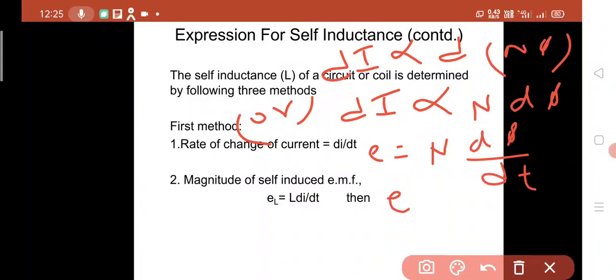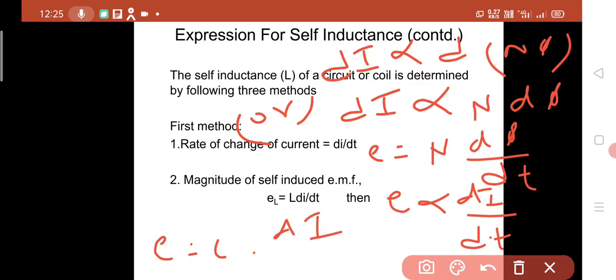So e is directly proportional to di by dt, so e is equal to L into di by dt.